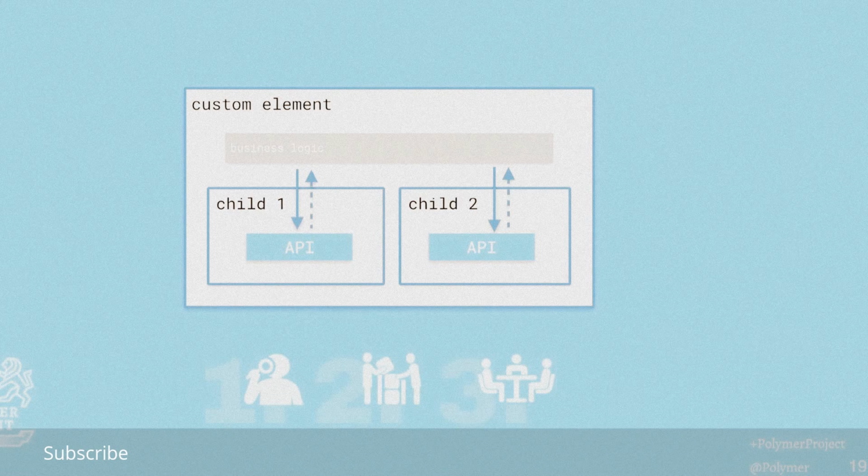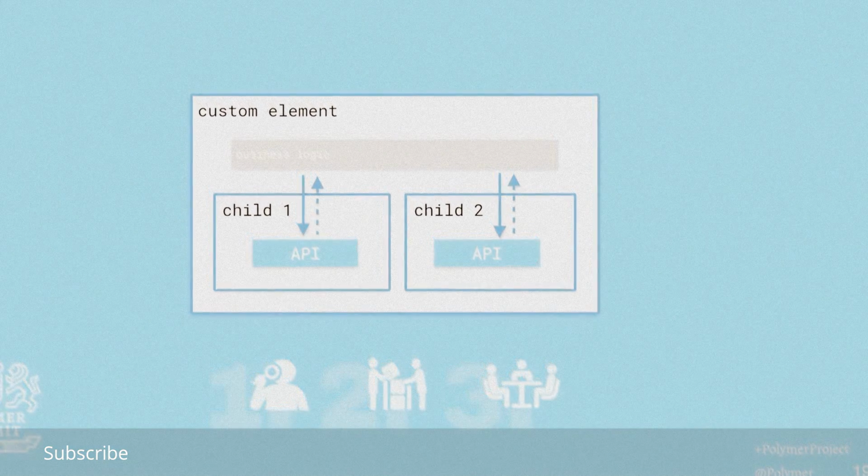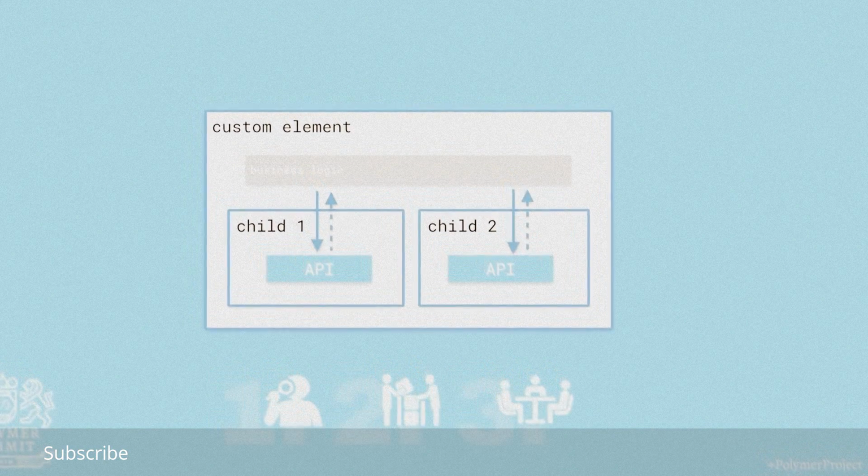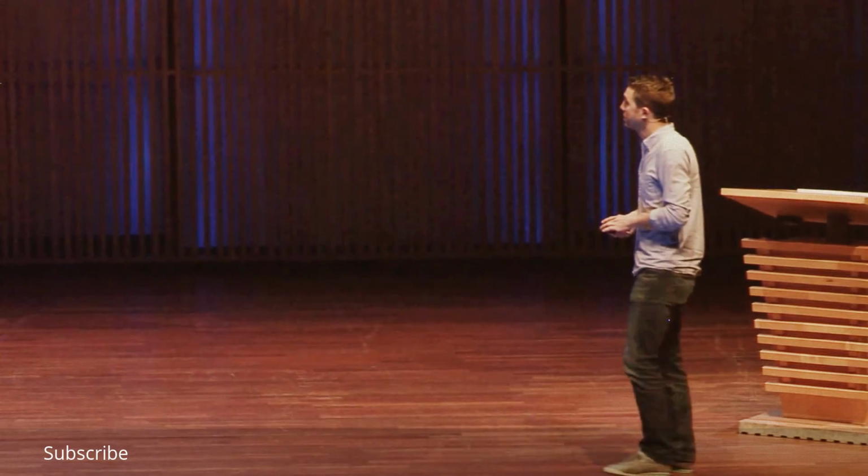And what does the mediator pattern mean in this context? It means that the custom element is acting as the host of those elements. We often say these are the local DOM elements. So the host and the local DOM have this relationship. And so all communication between any of the siblings in the local DOM will be mediated through the host.